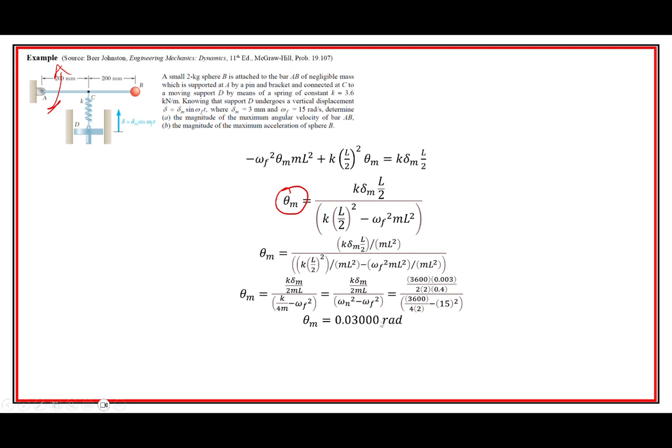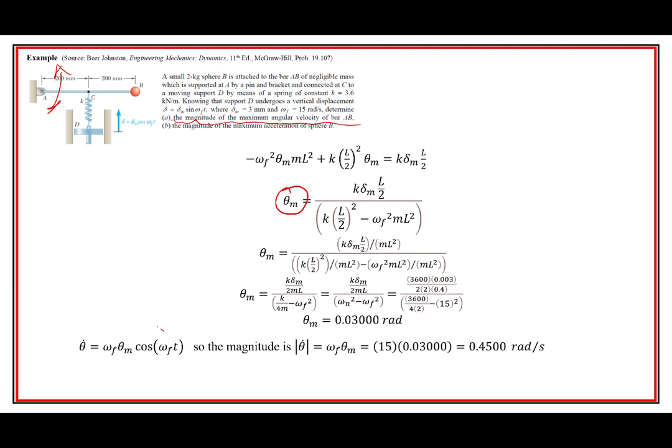There's a bunch of trailing zeros to let us know that it came out to exactly that. Now if we want to answer the first part, asking about the maximum angular velocity, we know that will take place when this equals 1. So we just get 15, that's the forcing frequency in radians per second, times this, and we would get 0.4500 radians per second. And that's the answer for part A.